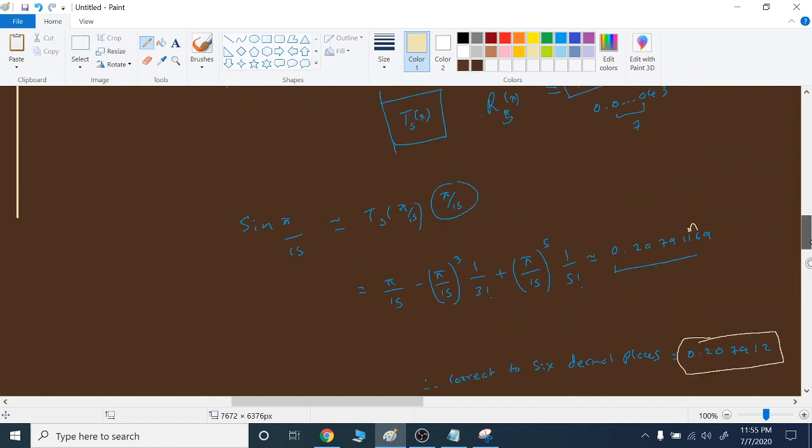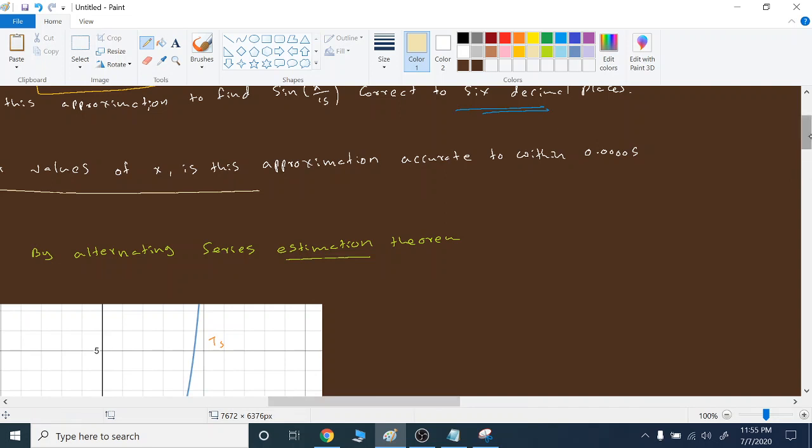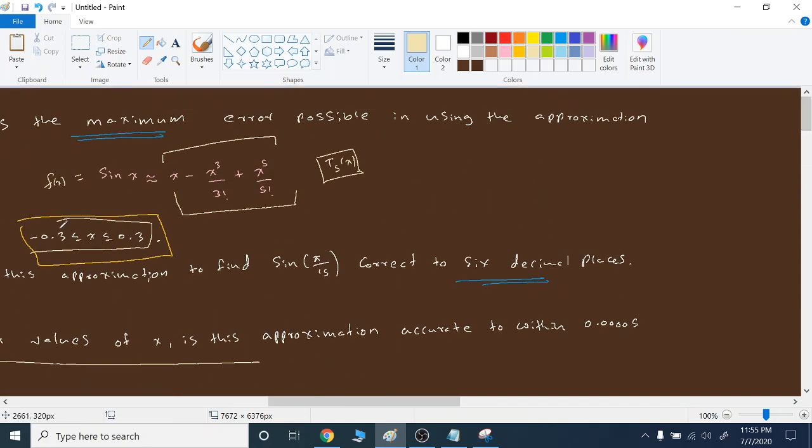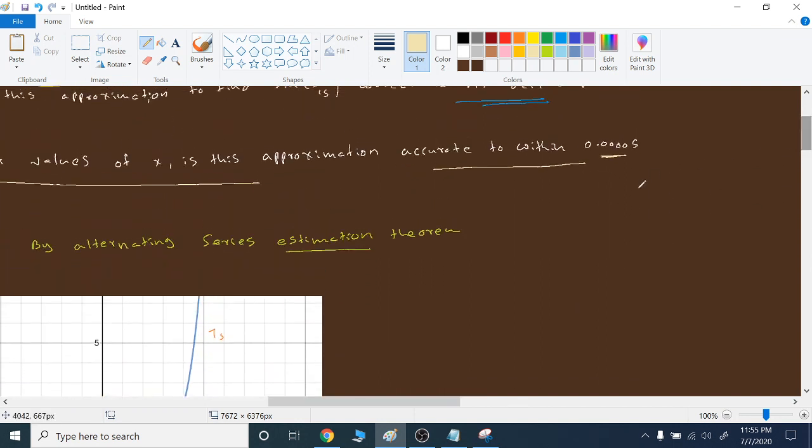And the next question asks, for what values of x is this approximation accurate to within 0.00005? Now here you only have 4 decimal places, right? In our original question you had, I think, 7 decimal places.